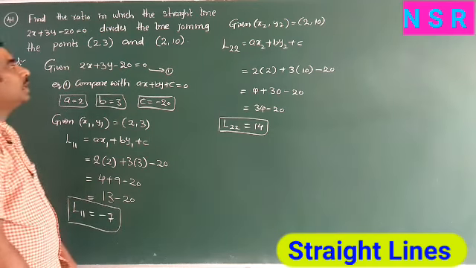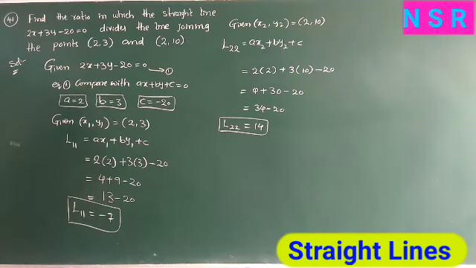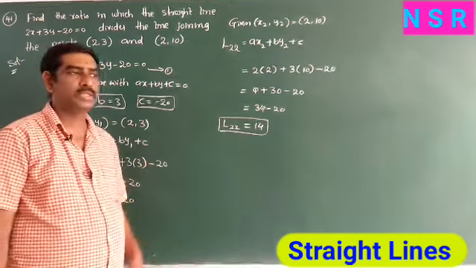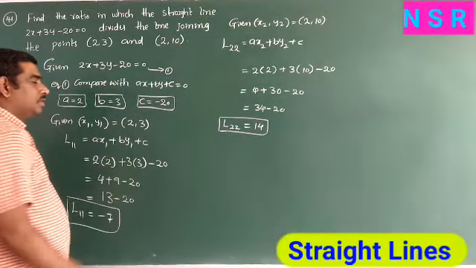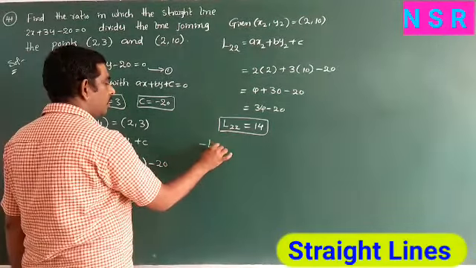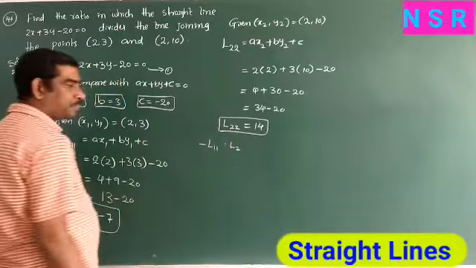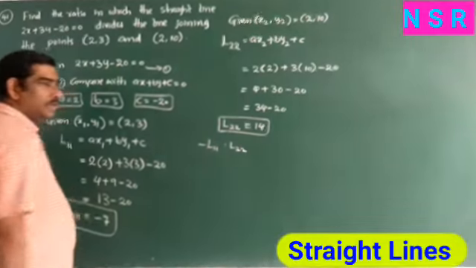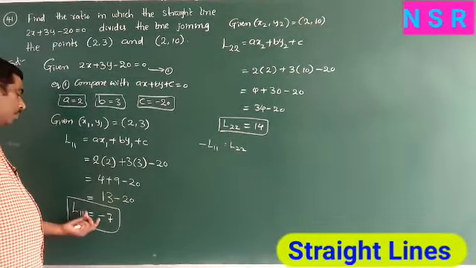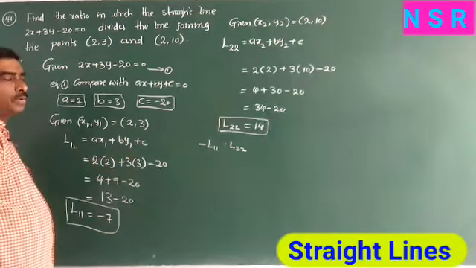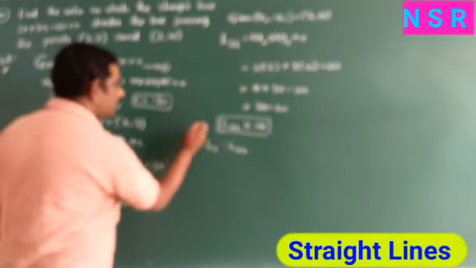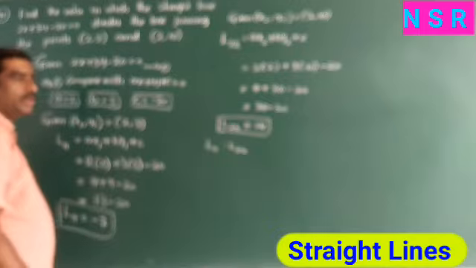So how to write the ratio? The line divides the line joining the points. Suppose L11 has minus and L22 has plus, then write the ratio as minus L11 is to L22. Suppose both L11 and L22 have plus, write the ratio L11 is to L22.